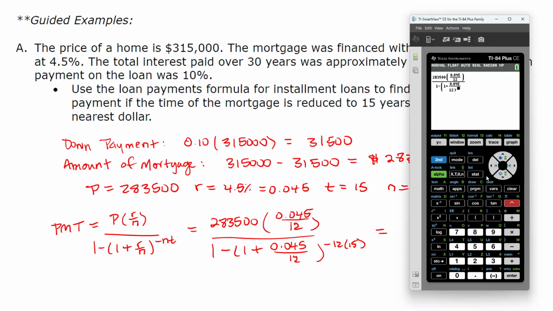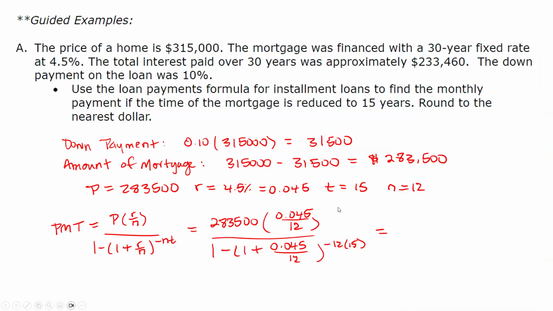I gotta bring the parentheses on the outside. Exponent negative 12 times 15. Let's make sure it matches, and it does. Excellent. So our total rounded to the nearest dollar is $2,169. That is going to be our monthly mortgage payment.